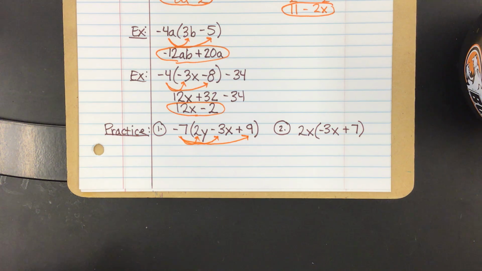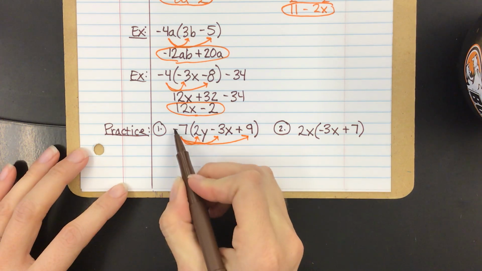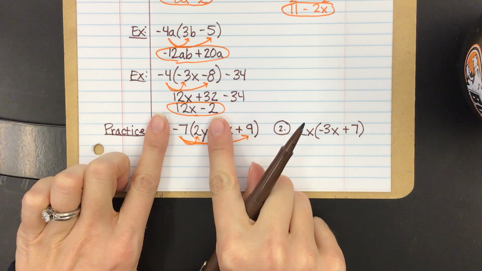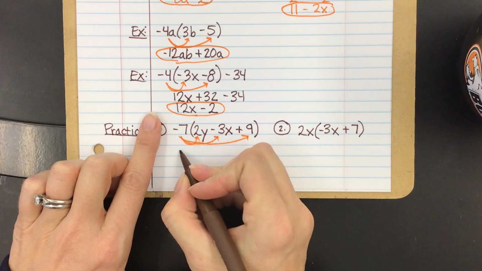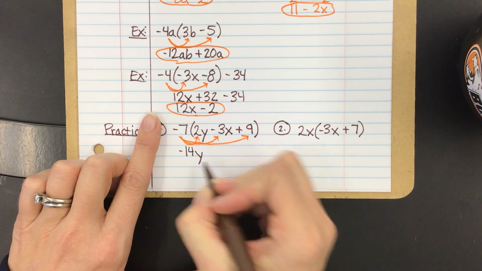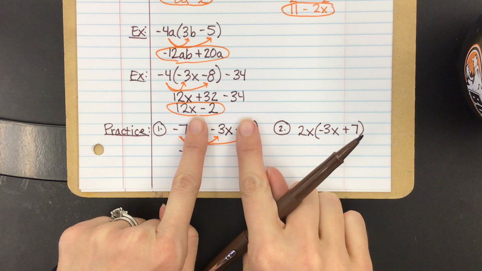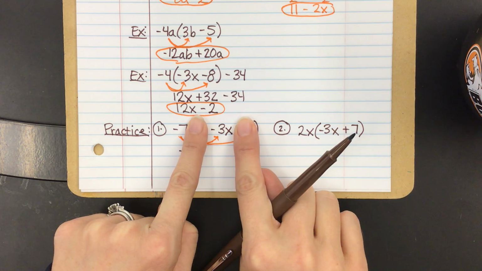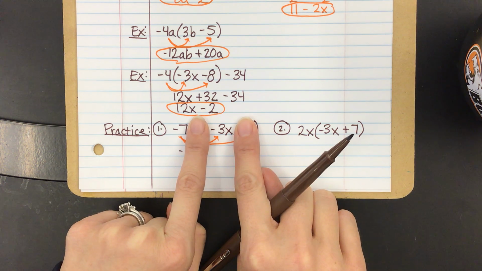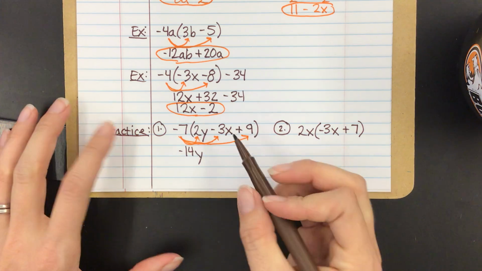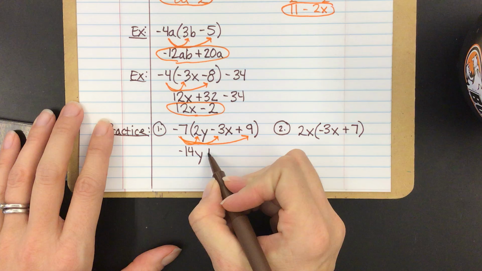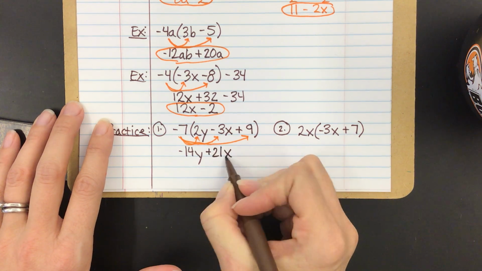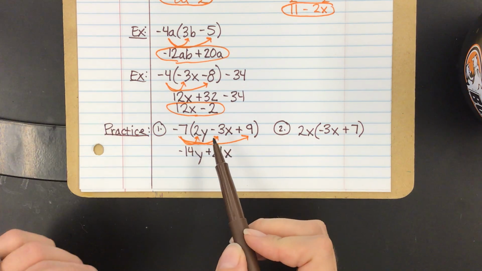It's like quiet. Okay. So -7 times 2y, what Shauna said is -14y. Now here I see this as a negative. So this is going to be -7 times -3x. So this will be plus 21x, because a negative times a negative is a positive.